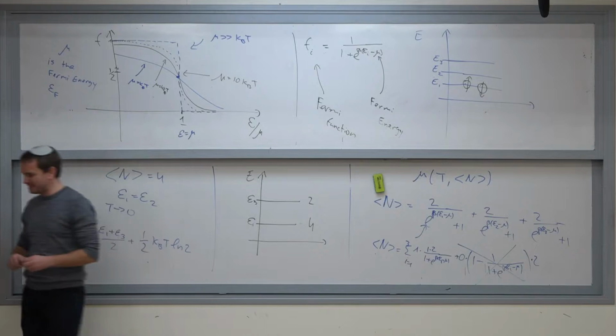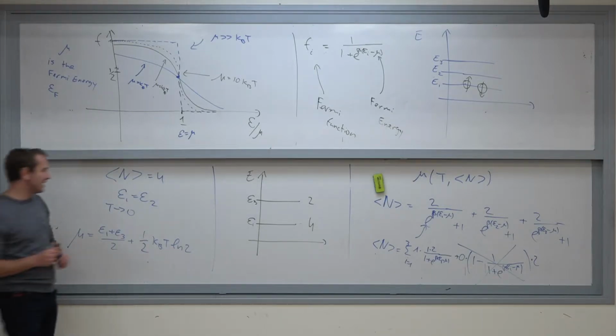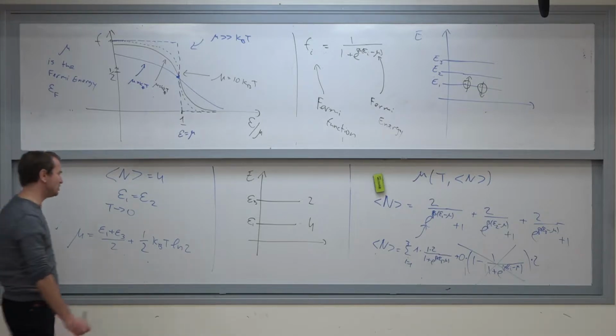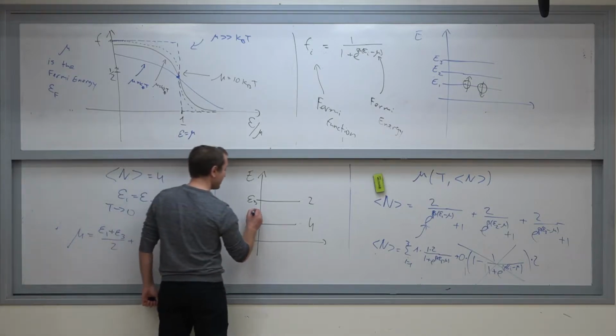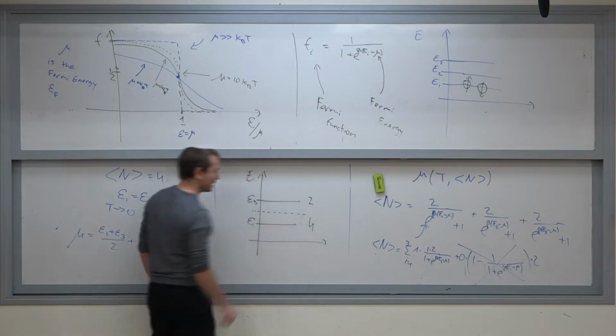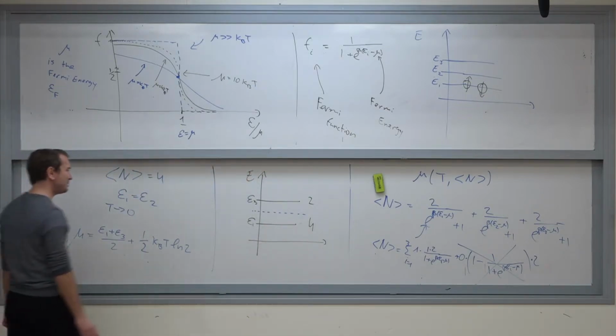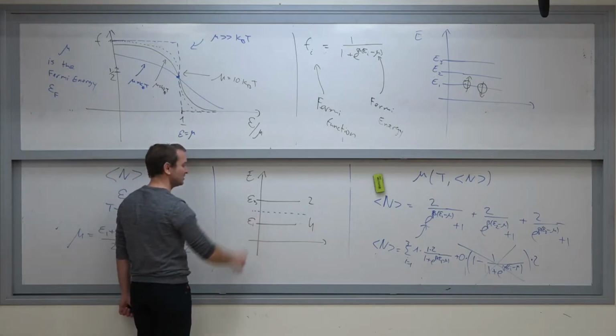Alright, and what we see is that exactly when the temperature goes to 0, the Fermi level, the Fermi energy, sits exactly between those two, epsilon 1 and epsilon 3.